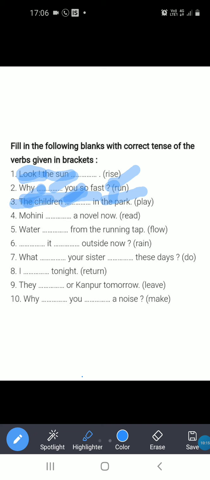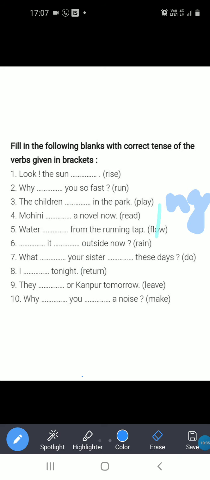Next is the children. The children is also plural, and we use are. Okay, the children are playing in the park. Mohini is a singular noun, so what will we use here?